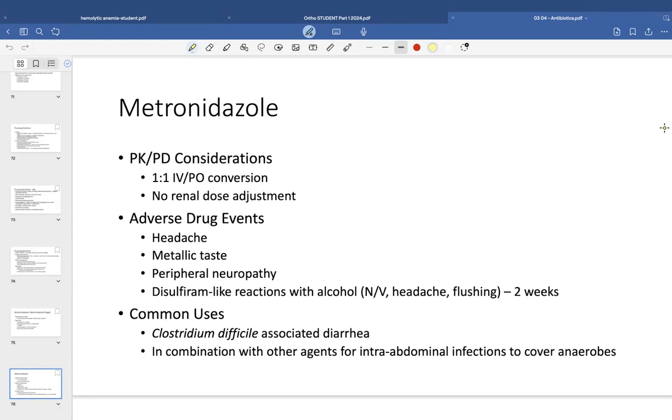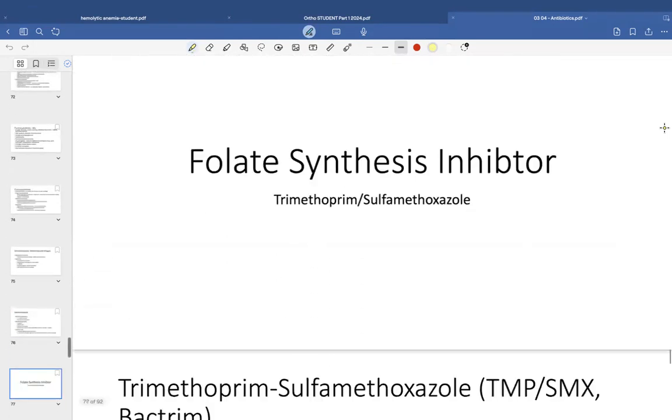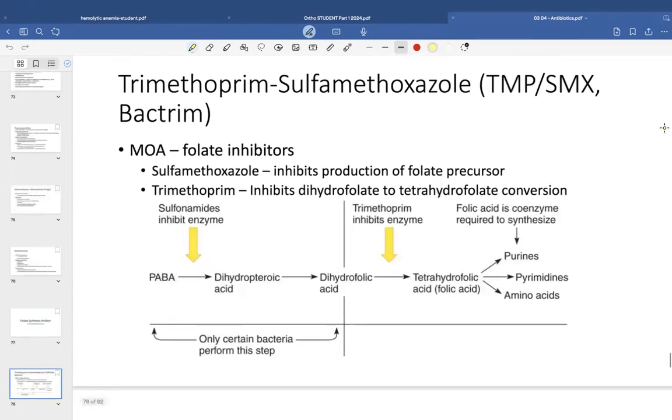Sulfamethoxazole works really upstream to inhibit the production of the folate precursor, and trimethoprim inhibits the enzyme downstream.